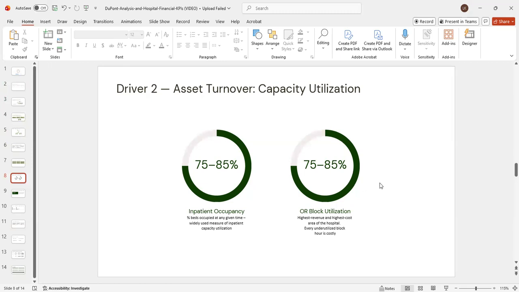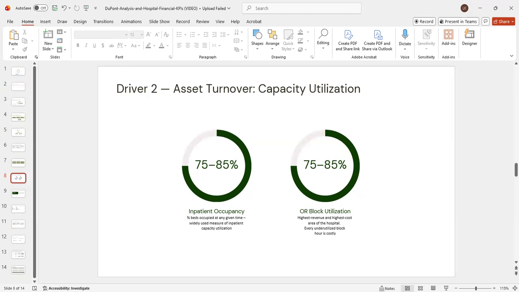A similar pattern can be observed in operating room block utilization. The operating room is both the highest revenue segment of the hospital, and it is also the highest cost, especially fixed cost, segment of the entire hospital.